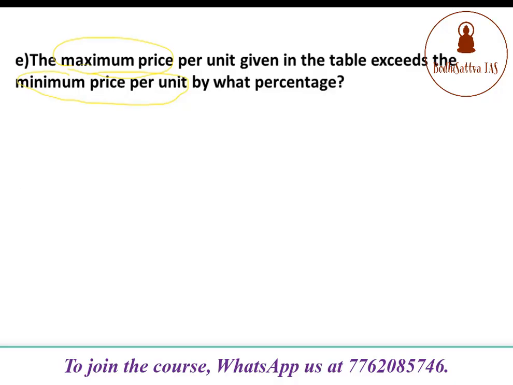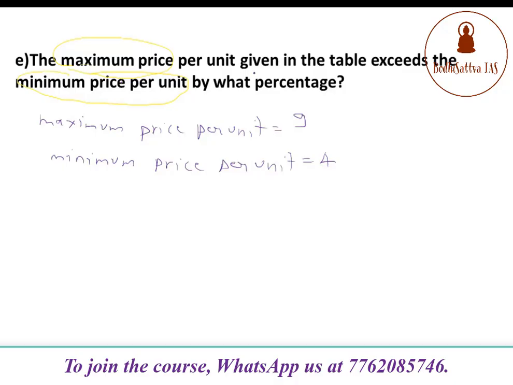So maximum price per unit is 9 and minimum price per unit is 4.